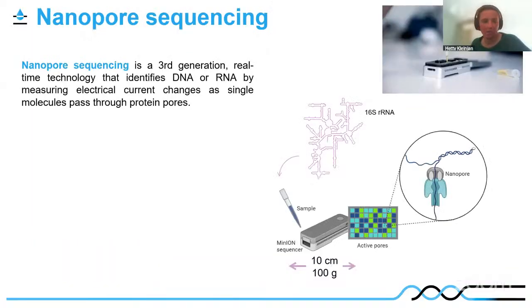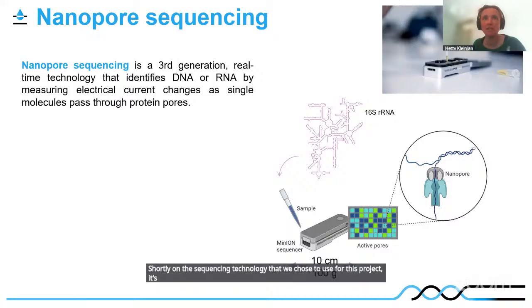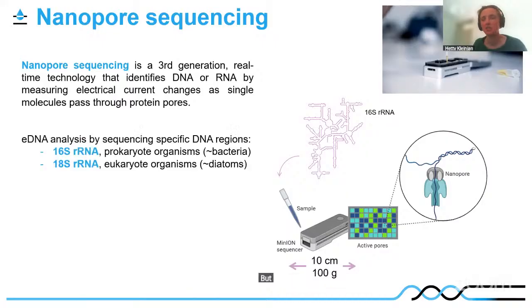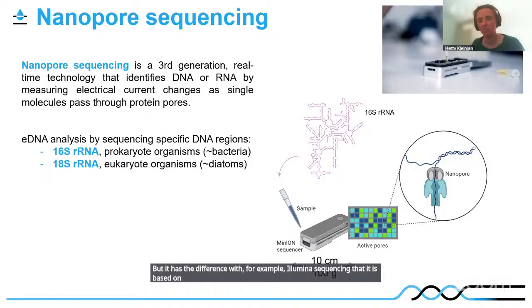Shortly on the sequencing technology that we chose to use for this project: it's nanopore sequencing. It's a third generation sequencing technology, and its main advantage is that it's a portable device and it's rather cheap, but it differs from, for example, Illumina sequencing in that it is based on long reads and not on short reads.